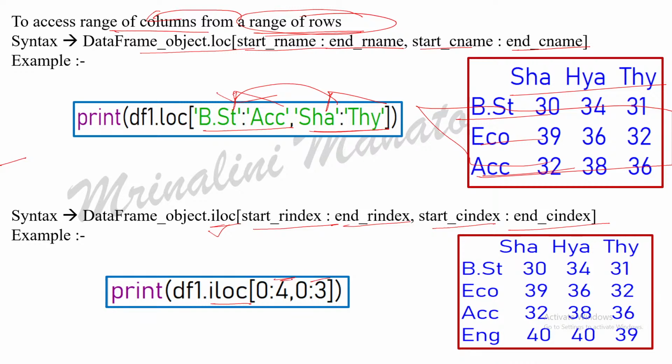The positional index last value will not be accepted. 0 to 3 means what will display? 0, 1 and 2, in the column, and rows 0 1 2 3. Remember that, just like for loop and while loop conditions. So start to 3 will display 0, 1, 2.